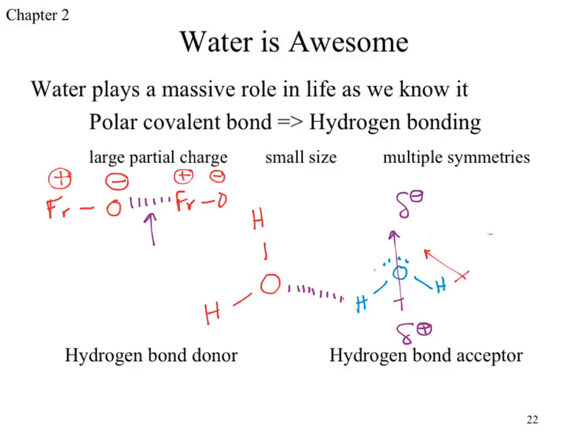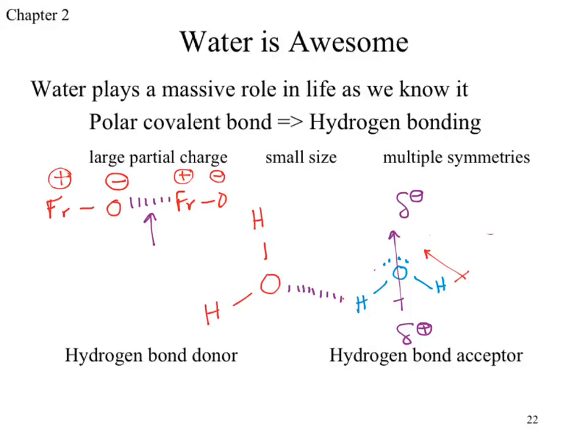This then moves back to the next aspect. Within that strong force, this hydrogen becomes partially positive, and it can share that hydrogen. So this molecule, water, becomes a hydrogen bond donor, because it can donate the hydrogen into that interaction. It also is a very good hydrogen bond acceptor.